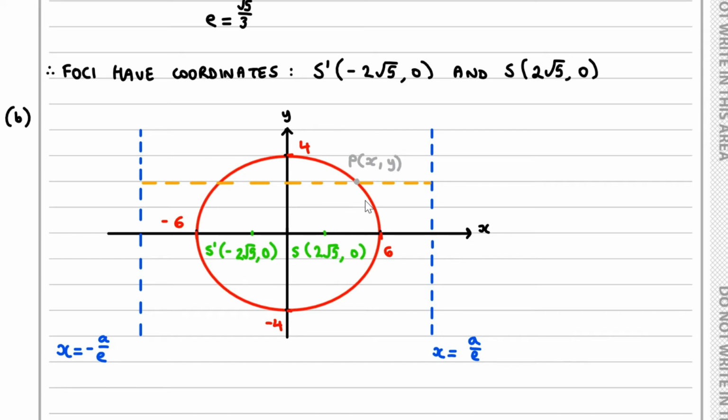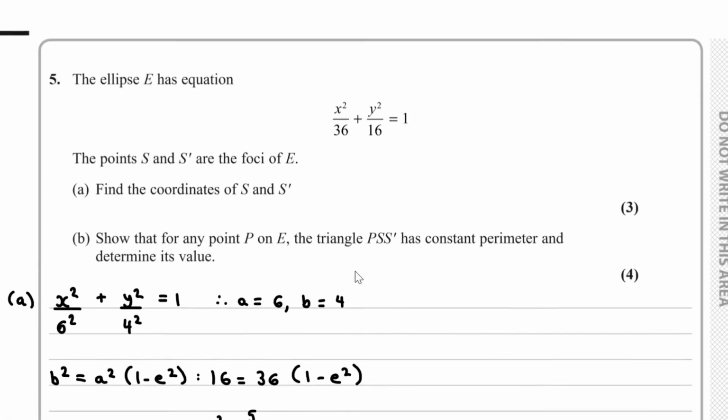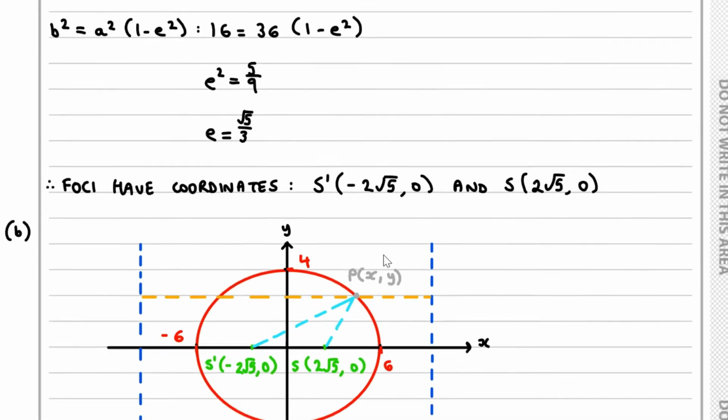So if we show those, we've got here the distance PS dash, and here we've got the distance PS. And of course, if we go back to the question, we're looking at the perimeter of the triangle PSS dash.